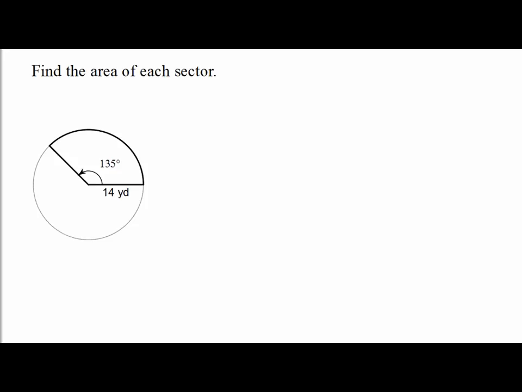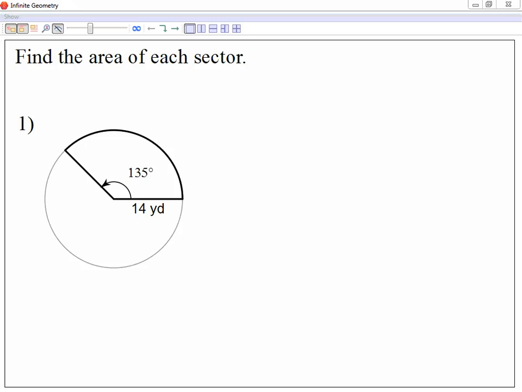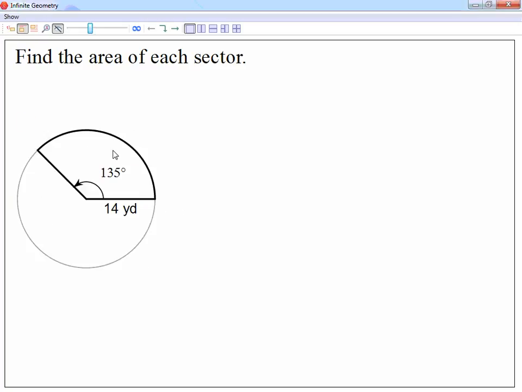So we're going to do this example in our notes. So our radius is 14, our angle is 135. We know that the area of a circle is r squared times pi.